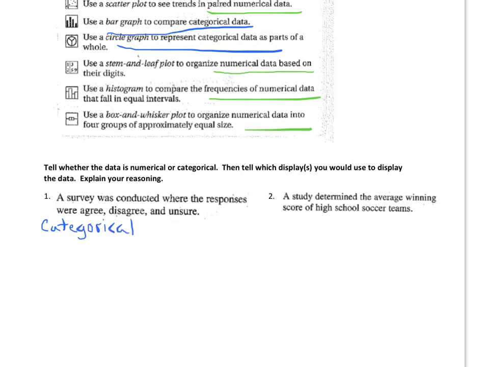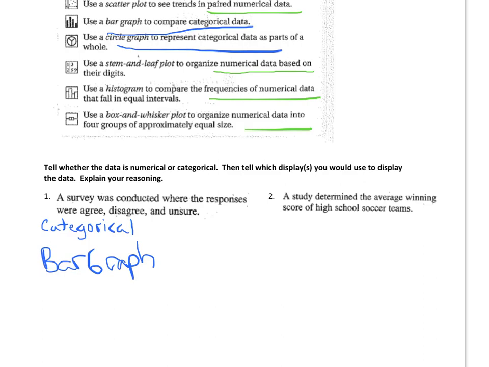Okay? So what could you use? Well, it's a survey, so we could base it on the whole amount of surveyed people, but I would probably use the bar graph, just to say out of the number of people tested. Bar graph. Or you could maybe do a circle graph if you want, but I think bar graph would be best there.